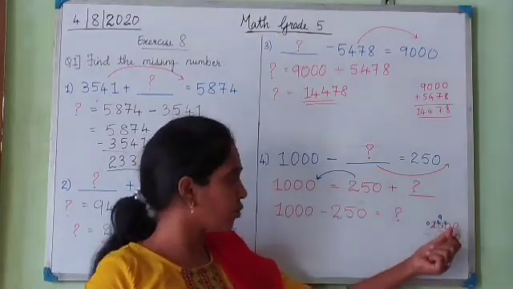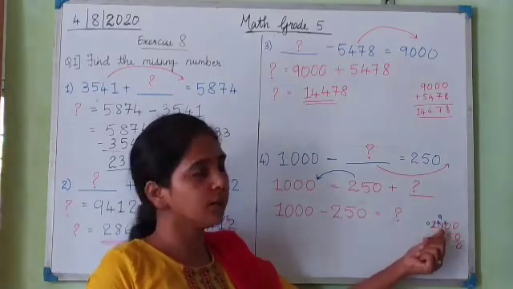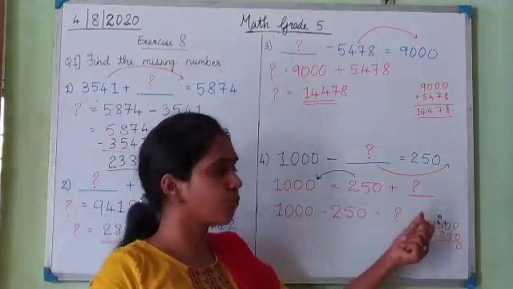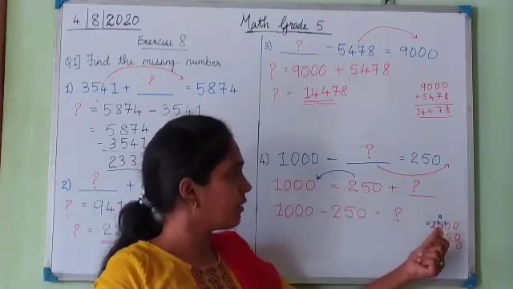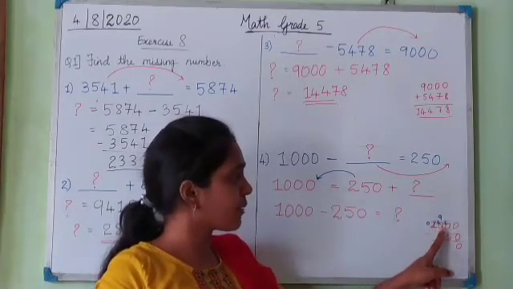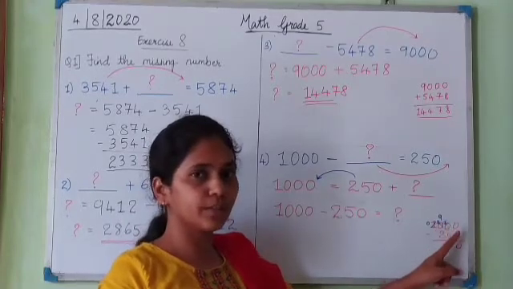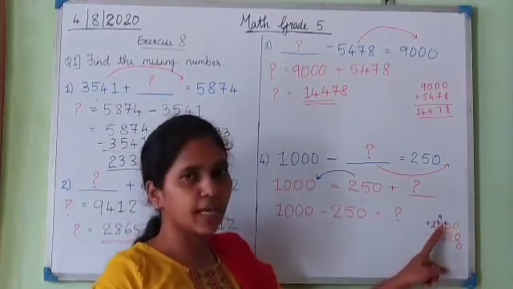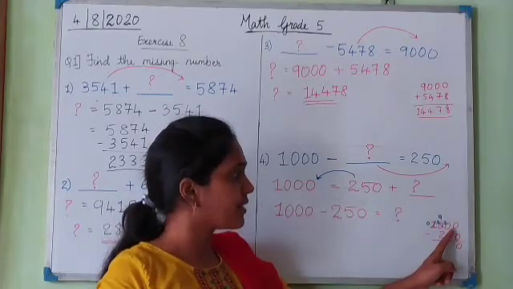It was 0. So it went to the other number. The other number also didn't have 1, so it went to the next number. When this 0 got 1, it gave 1 to the previous number. So this became 0, this becomes 10. After it gives 1 to the previous 0, now it becomes 9, because 10 minus 1 is 9. So this number becomes 9 and this number becomes 10.